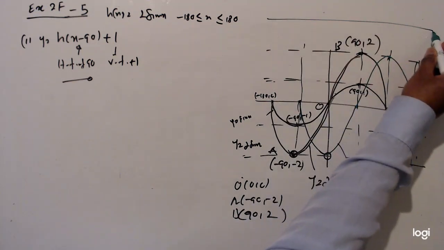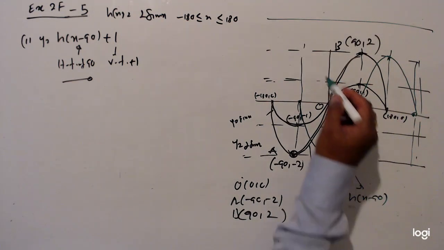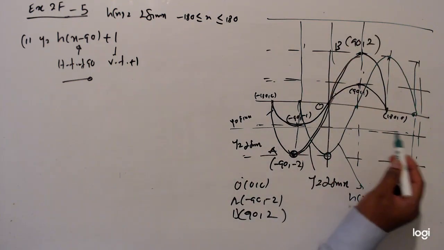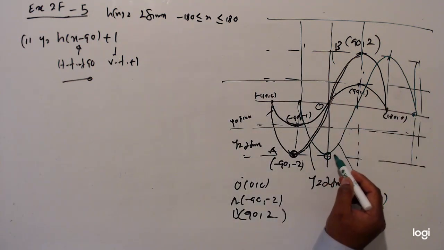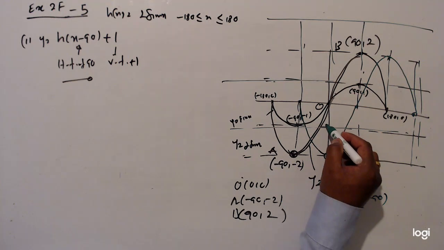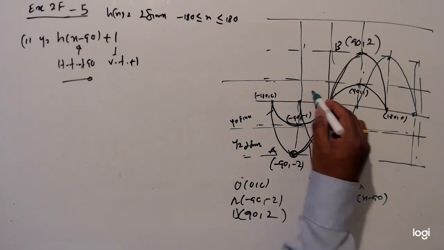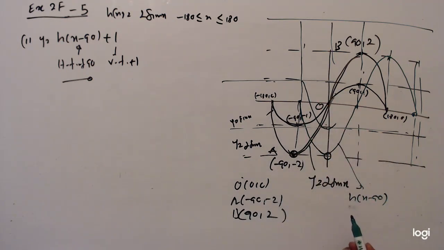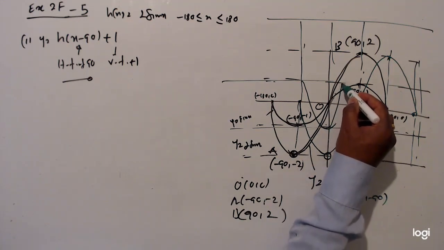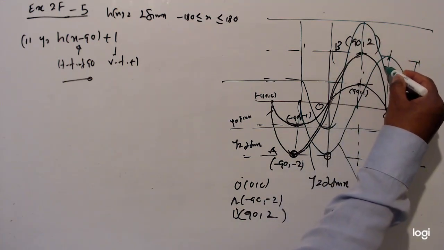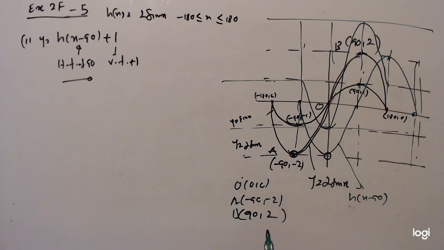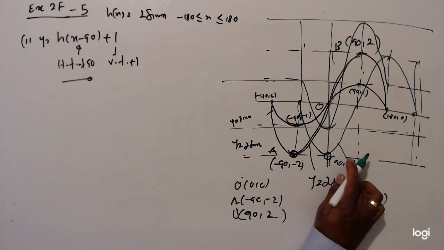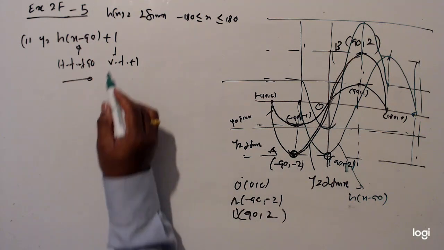So according to this, 90, 2 becomes 180, 2, and minus 90, minus 2 plus 1.